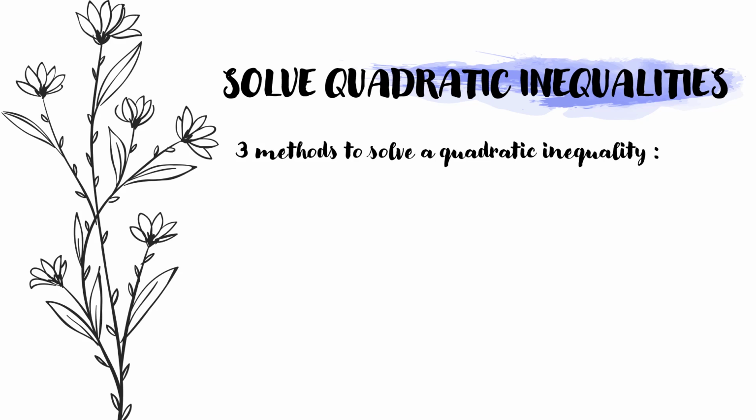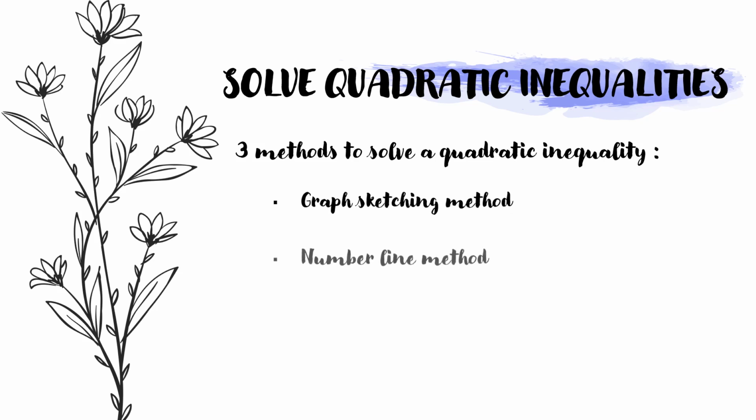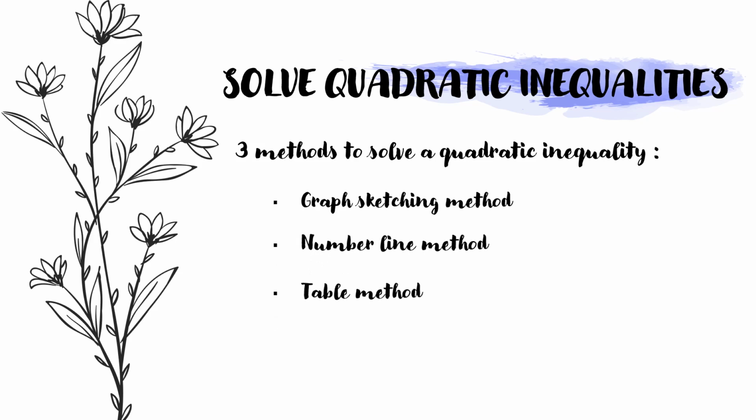For solving the quadratic inequalities, there are also 3 methods: graph sketching method, number line method, and table method. If it is not stated, the easiest is the graph sketching method. But if it is stated that you have to use a table, you need to do a table. If it is not stated, I suggest you stick with the graph sketching method.